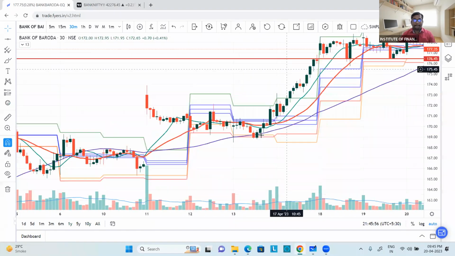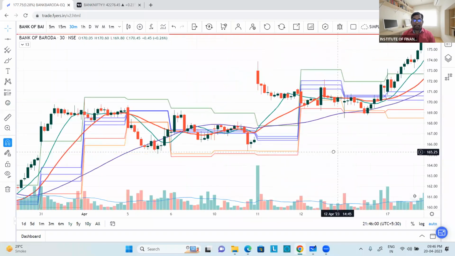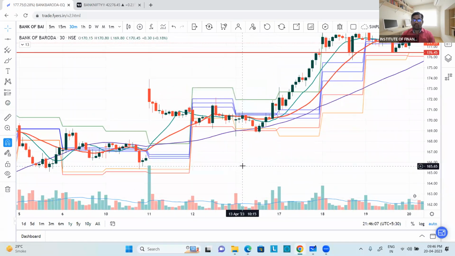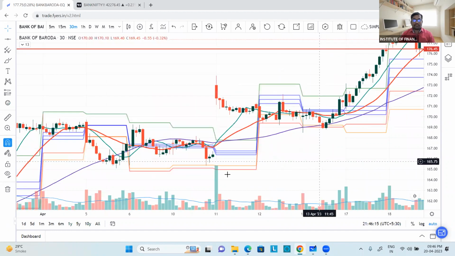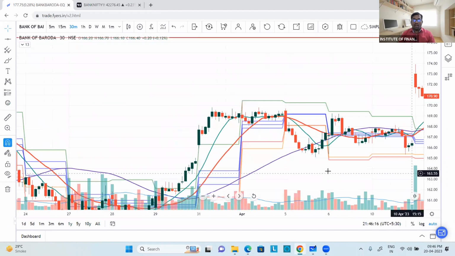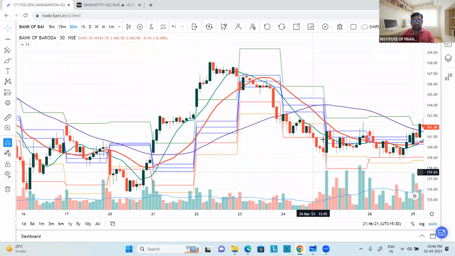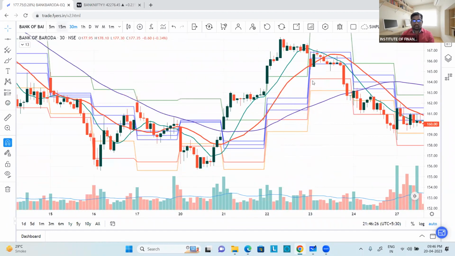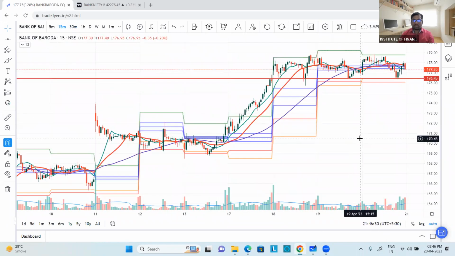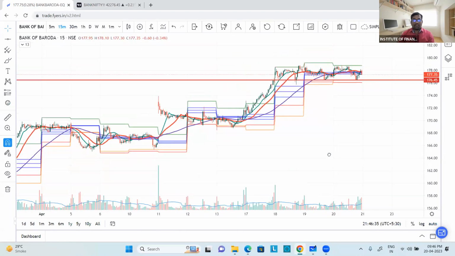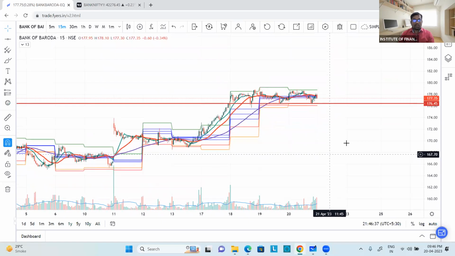Anything else? What is the pattern you can see in the Bank of Baroda? What pattern?